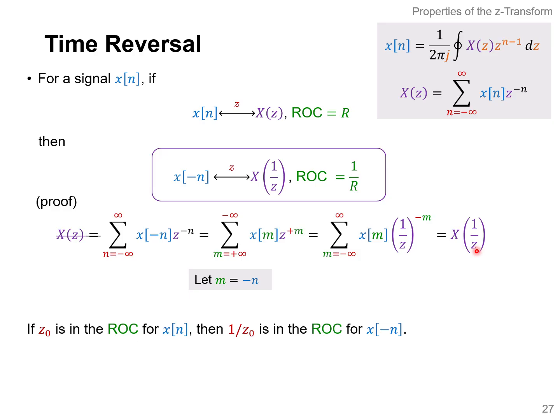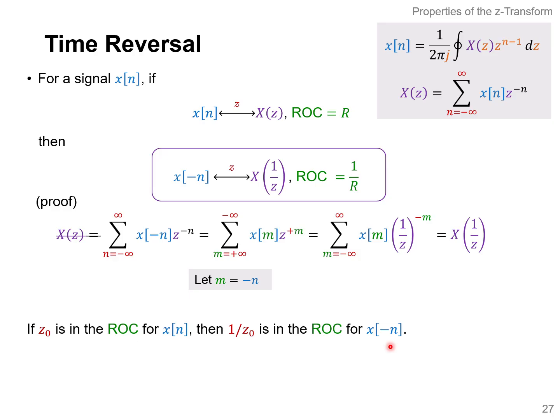This also flips the ROC. If a point z0 is inside the ROC of x of n, then the point 1 over z0 is inside the ROC of x of minus n.